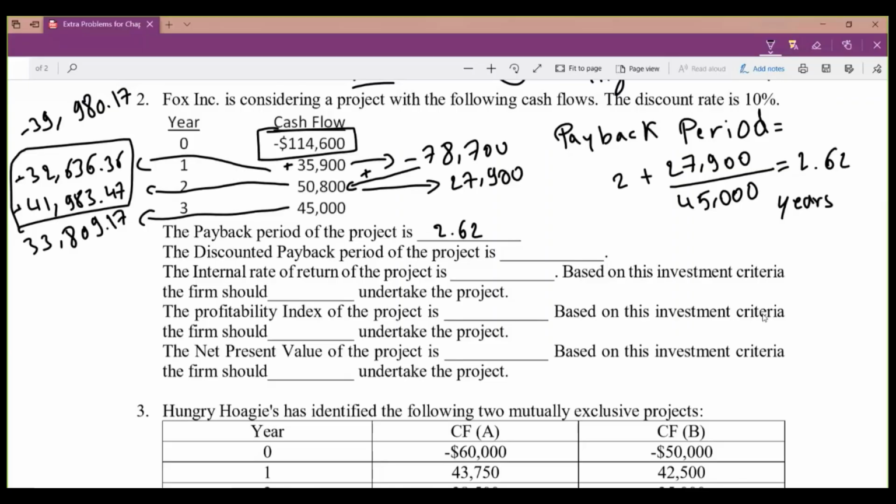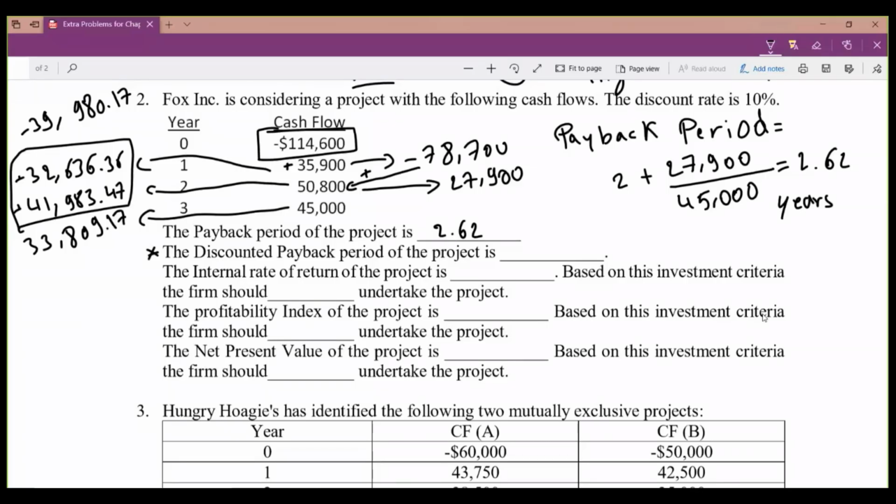And here you can see that if my cutoff period, let's say, was 2.75 years, in this case, based on the payback period, I may end up accepting the project. However, with the discounted payback period, I will not accept a project with a negative net present value, because as we're going to see later on, this project has a negative net present value.